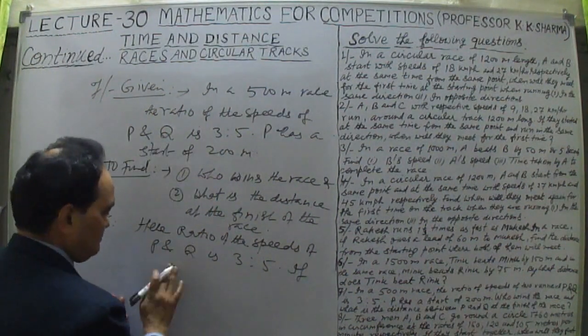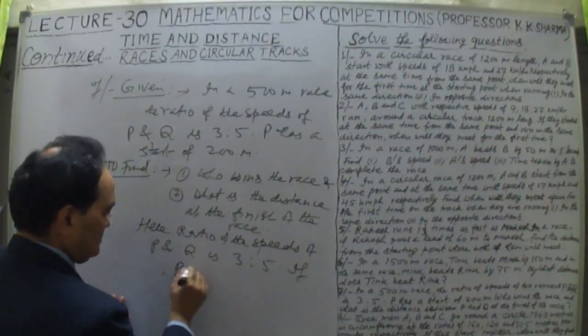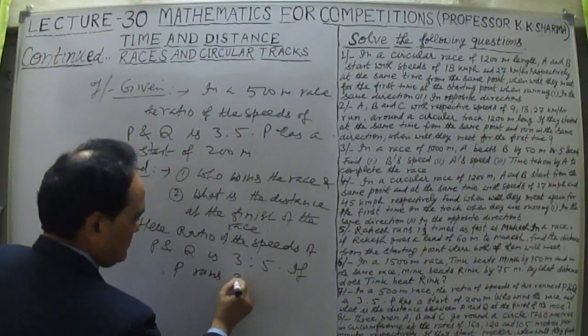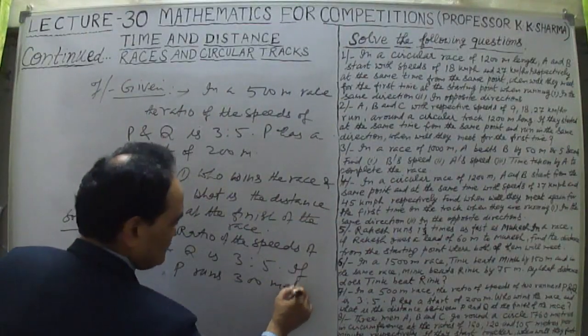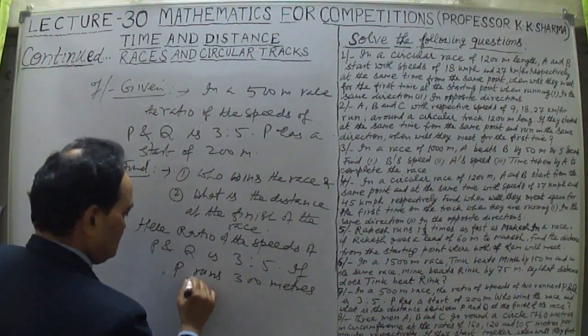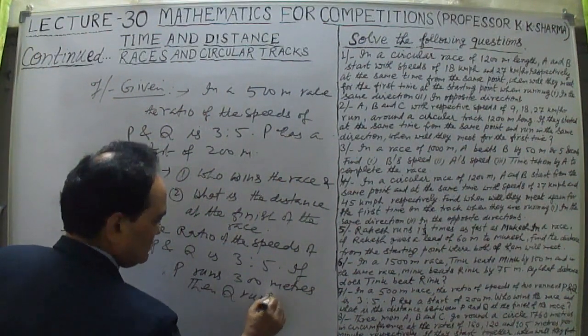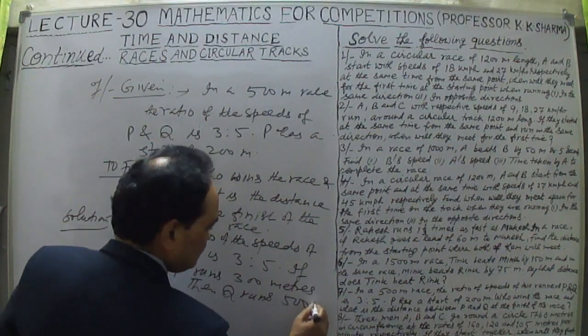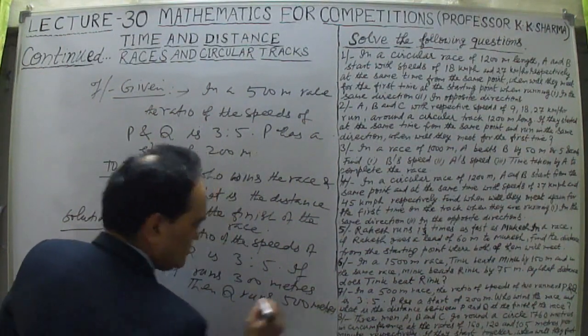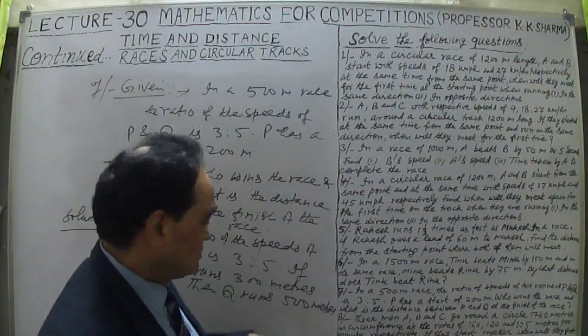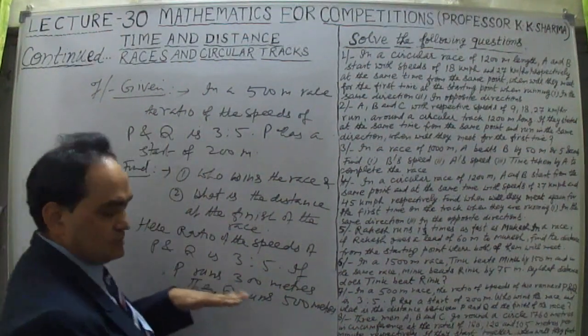If P runs 300 meters, then Q runs 500 meters. Right, then Q runs 500 meters. This is the ratio here.